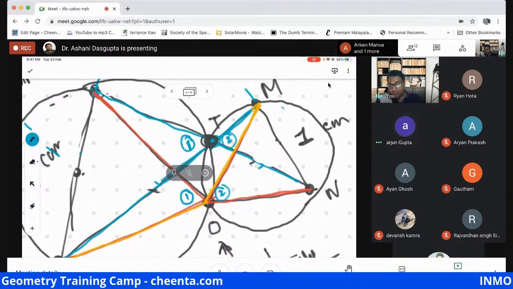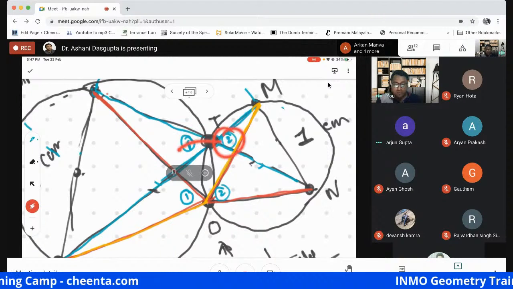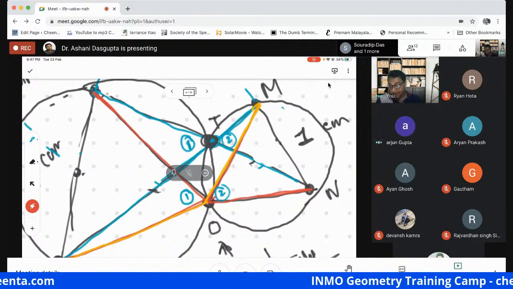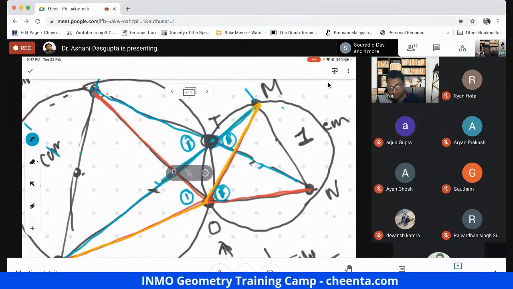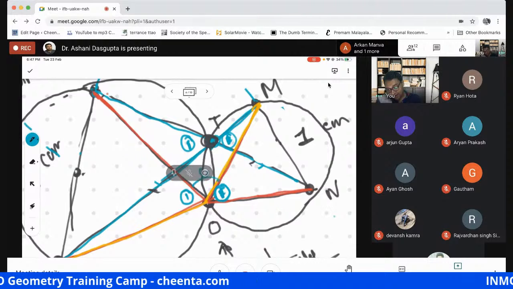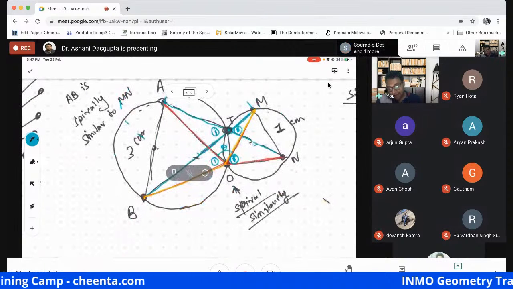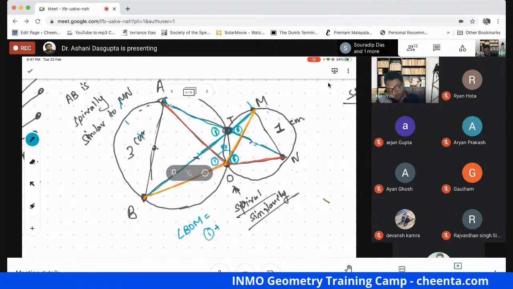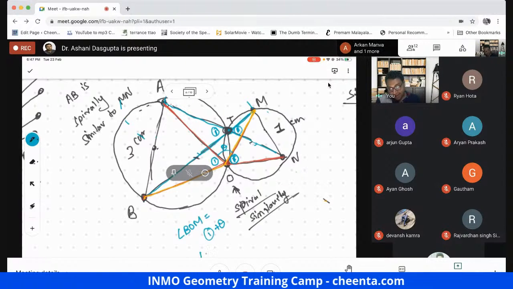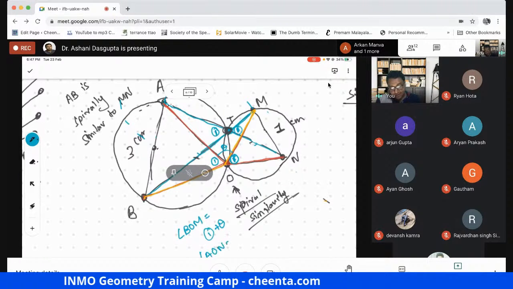Now this angle 1 and angle 2 are equal to each other because of vertically opposite angles. So all of these angles are equal. Okay. So if this angle is theta, then notice that angle BOM is 1 plus theta and angle AON is 1 plus theta.